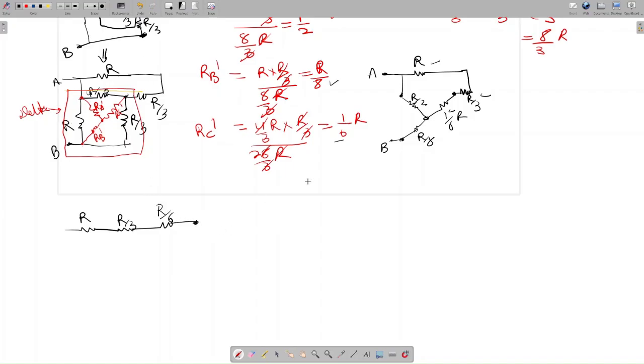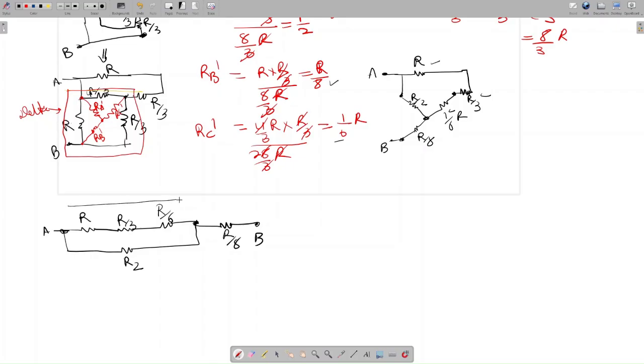Now this is connected to this terminal, R by 2, and from here we have connected this R by 8 with B. So this is a simplified drawing.